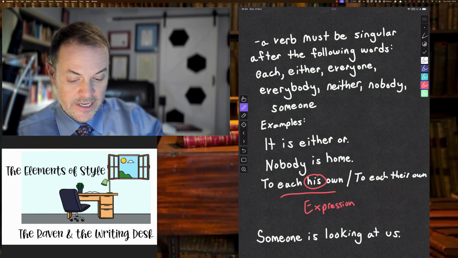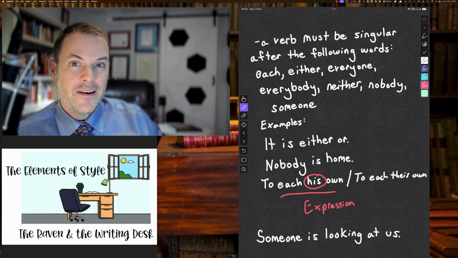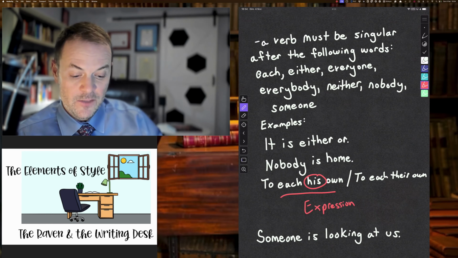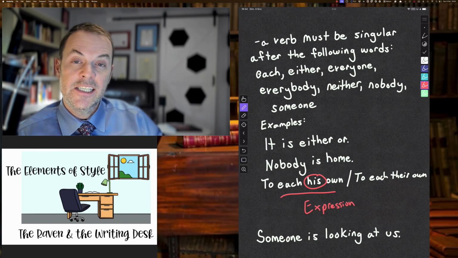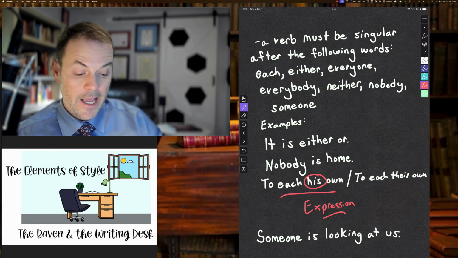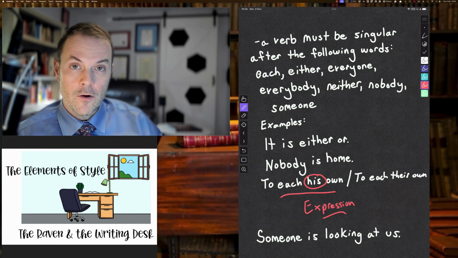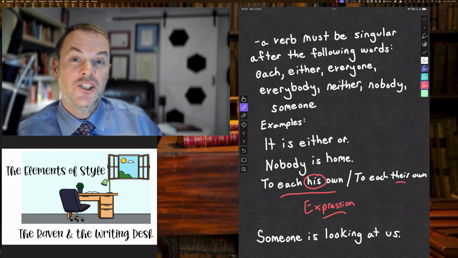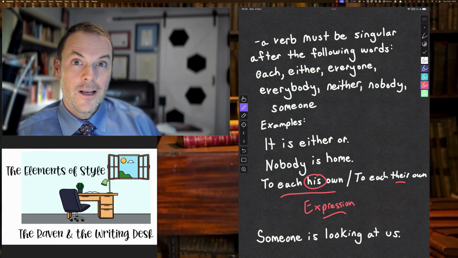Over all the years, to each her own never took off because it doesn't really sound right to the ear. And that's because, in this case, his refers to anybody. It is an expression. And if you think, well, why can't we just say to each their own? Because is not their considered a gender neutral singular term now?